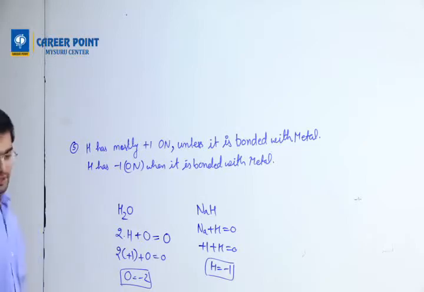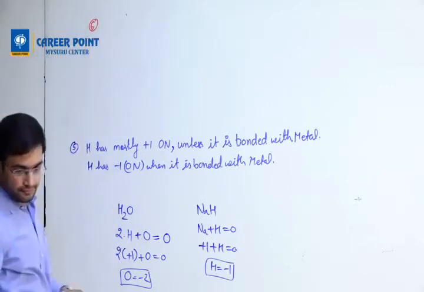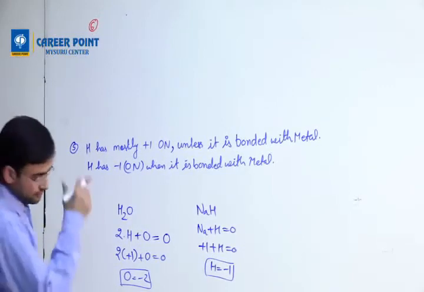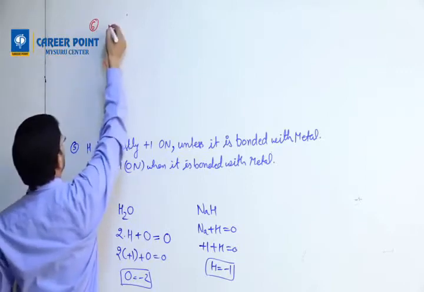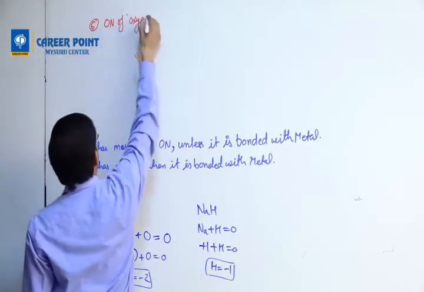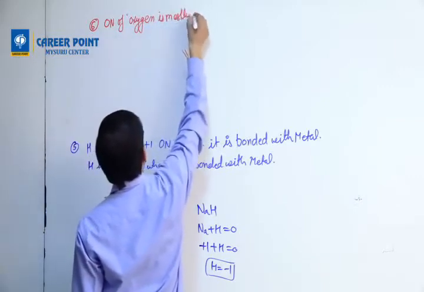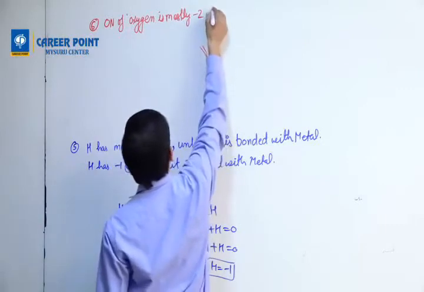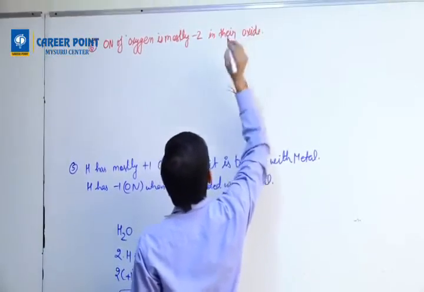Okay, so fifth is done, then we'll do sixth one. Sixth rule is oxygen. Oxidation number of oxygen is mostly -2 in their oxide.